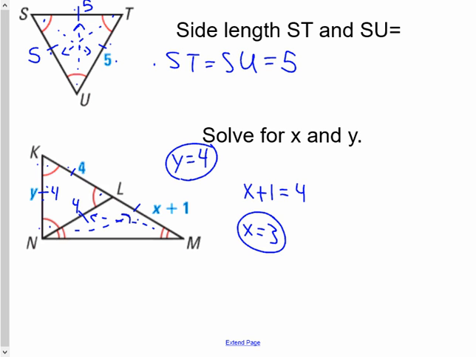So y equaled 4 wasn't really a solve. We just figured that out. They were equal. And I marked all three sides because down here we've got two angles with arc marks. So 4 and x plus 1 must be equal. Subtract 1 from each side to solve for x is 3.